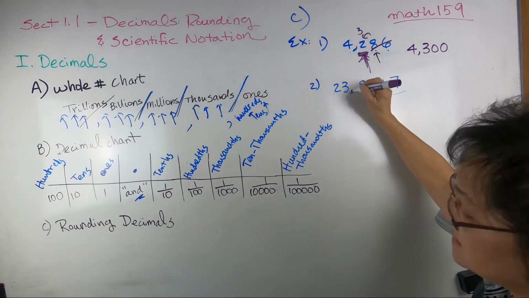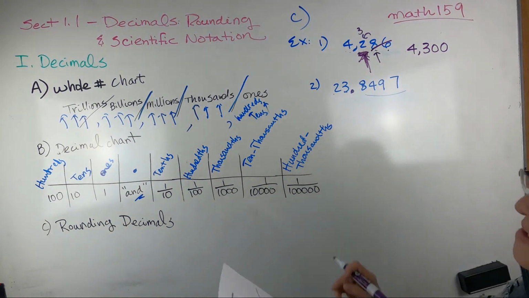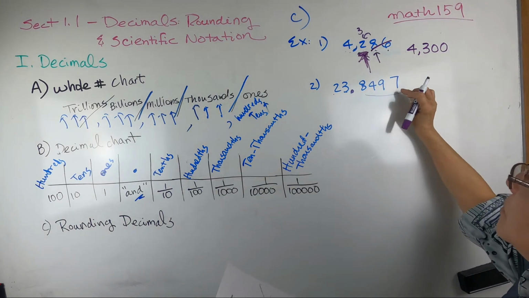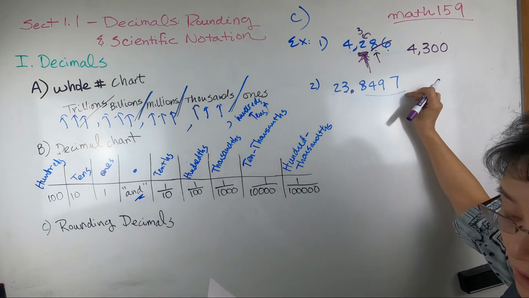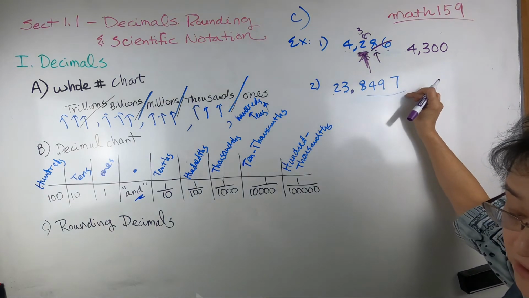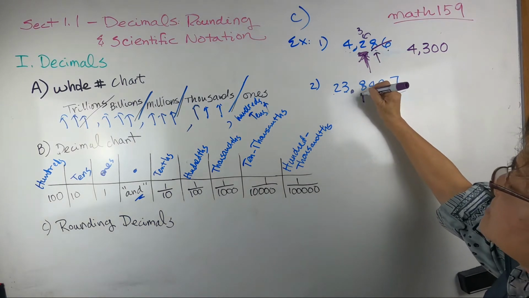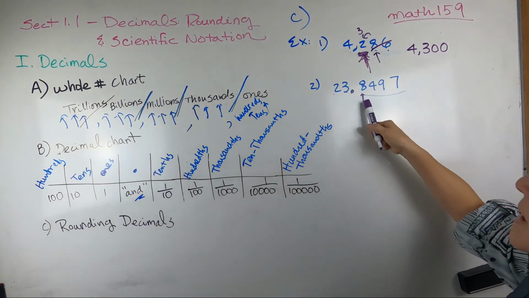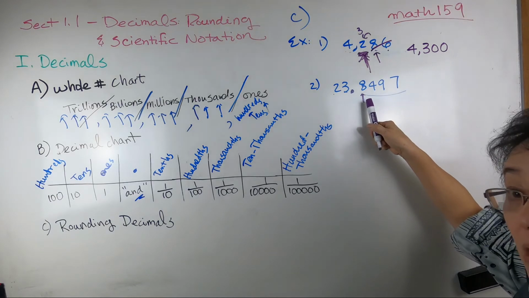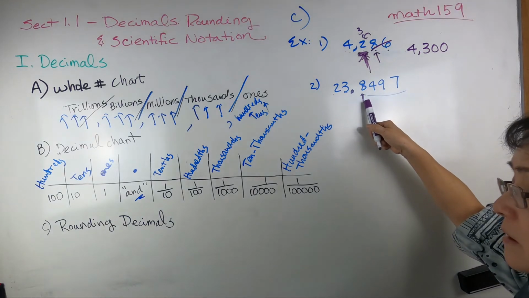Then for this number, next one, we say round 23.8497 to the nearest tenth. So you locate where is the tenth? First position. Then you want to keep the accuracy to that position.